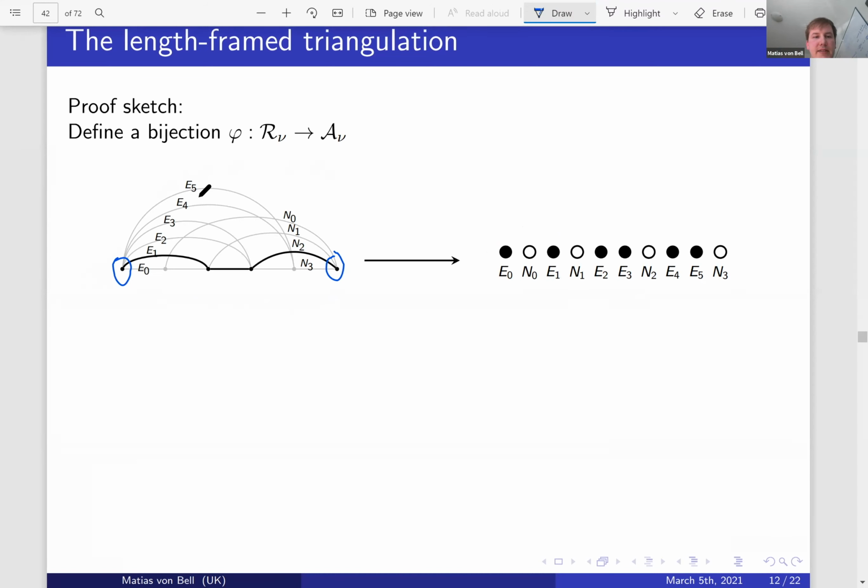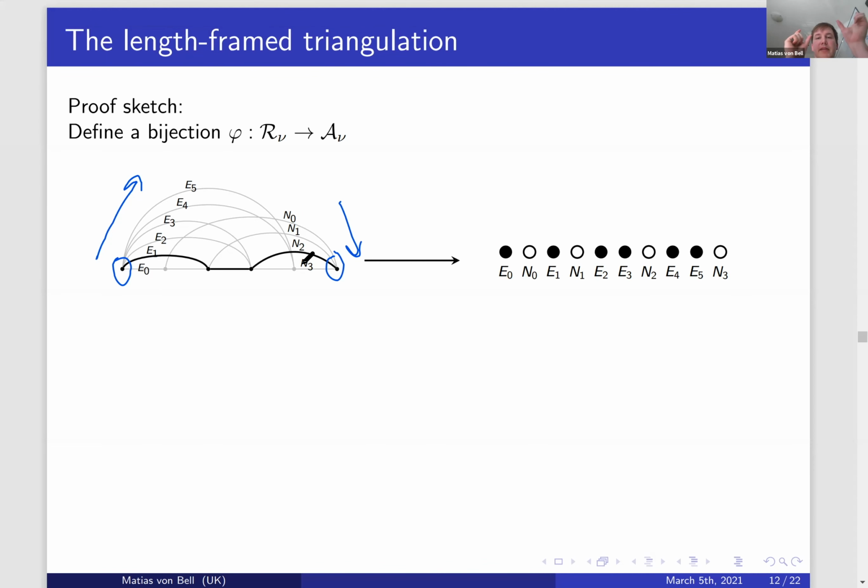We label the edges leaving the source with E steps going upward here, and the incoming edges to the sink we label with N steps going down. Then the routes in the nu-caracol graph have the property that they're fully determined by their initial and terminal edge. So we can read an arc simply from looking at the corresponding terminal and initial edge used by that route. That particular route there corresponds to an arc from E1 to N2, like this.